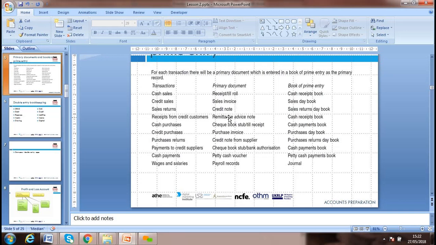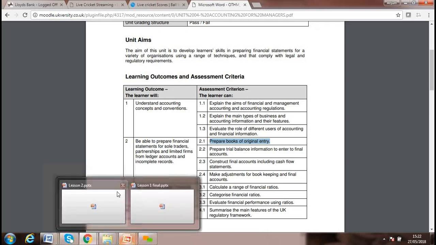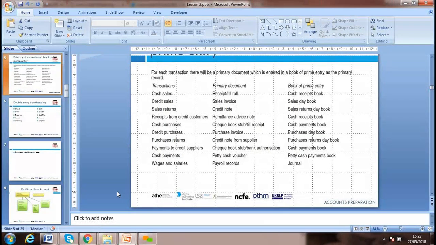So first our discussion is 2.1, prepare the books of original entries, which means the trial balance or the prime books. We don't need to go into too much detail, but I'll go through it now with you.